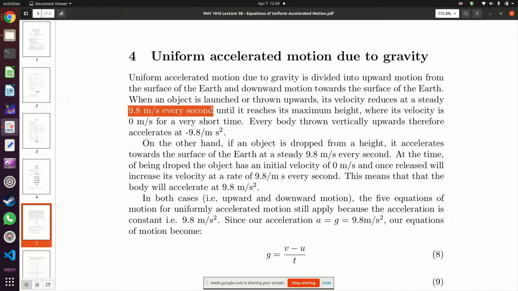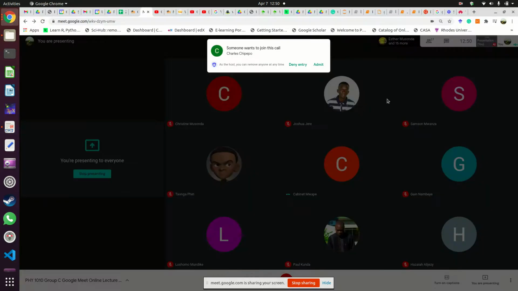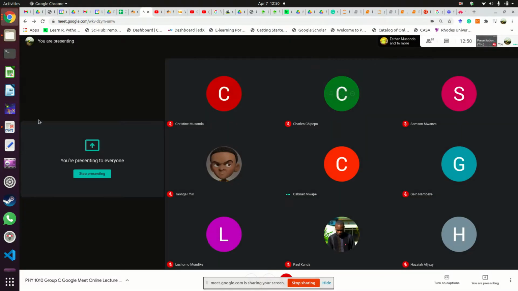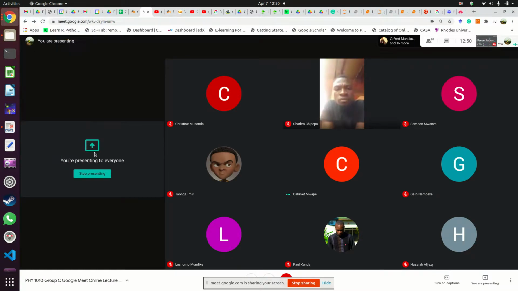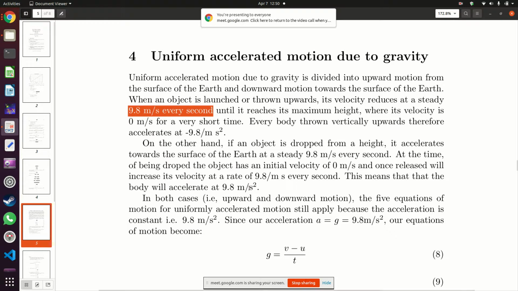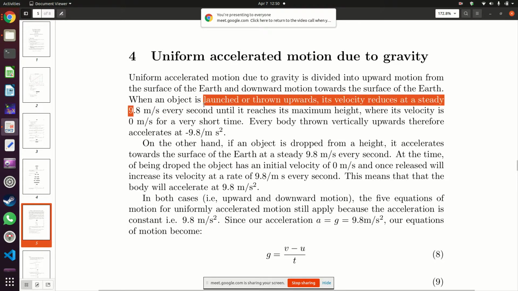On the other hand, if you throw something away from the surface of the Earth, then the velocity of that object is going to reduce until it becomes zero. When it becomes zero, we conclude that the object has reached maximum height. So when things are falling towards the surface of the Earth, their speed tends to increase by 9.8 meters per second every second.